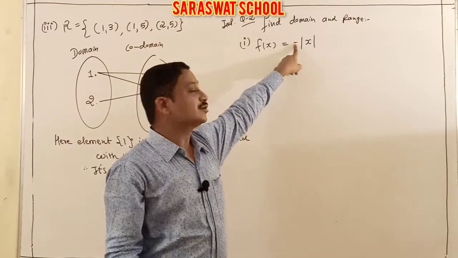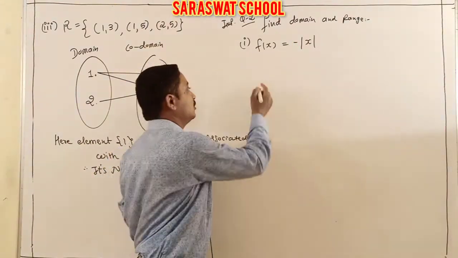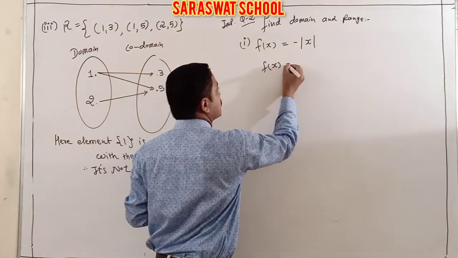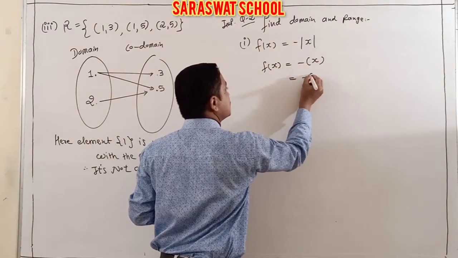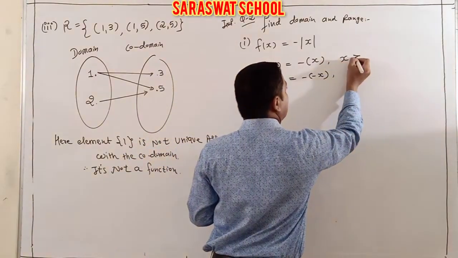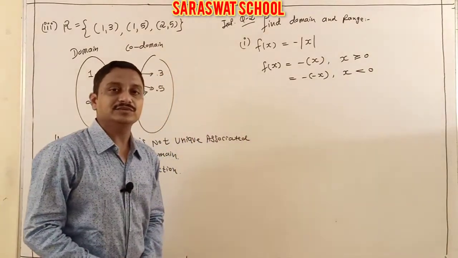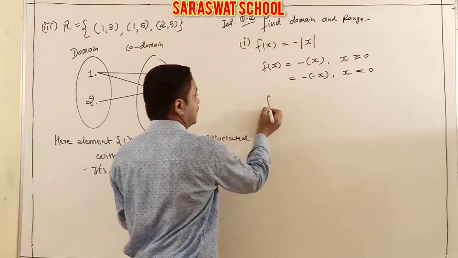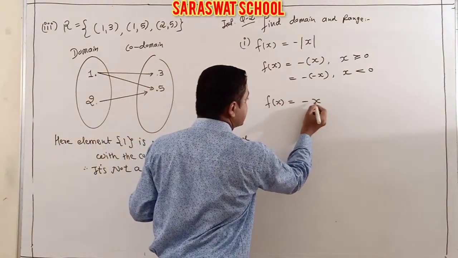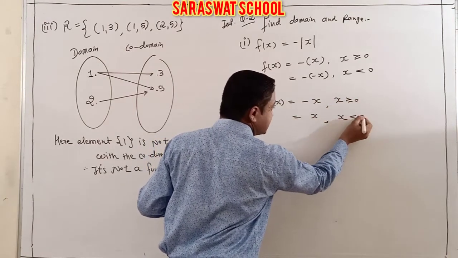Here it is downside because of the minus. Here I convert it into two cases, one for positive x and one for negative x. For positive, x greater than or equal to 0, and for negative, x less than 0. So this function is defined as minus x for x greater than or equal to 0, and x for x less than 0.